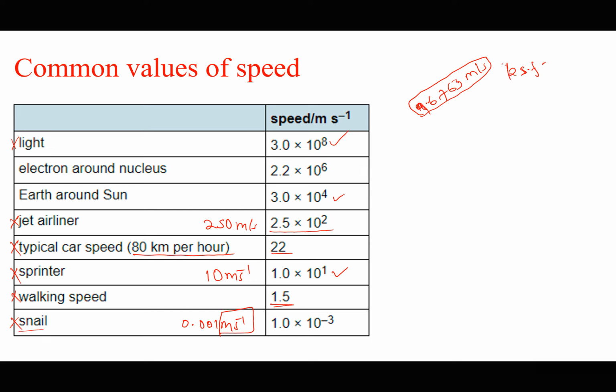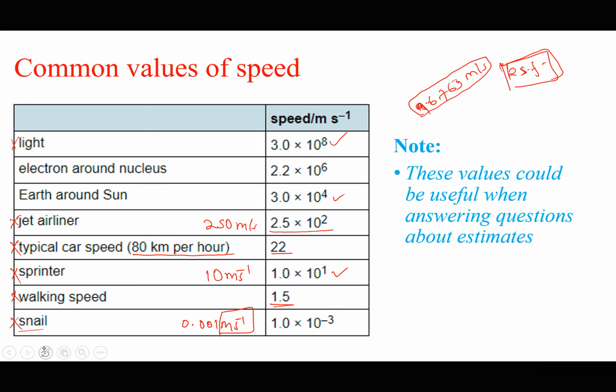Any estimate is good enough to a maximum of 2 significant figures, because it's just an estimate. It can also be 1 significant figure. That's why you see all these values are not more than 2 significant figures. So these values could be useful when answering questions about estimates. Sometimes you may be asked to make estimates of several quantities, so some of these values may be very, very useful.